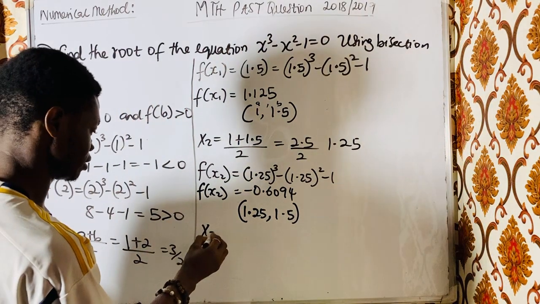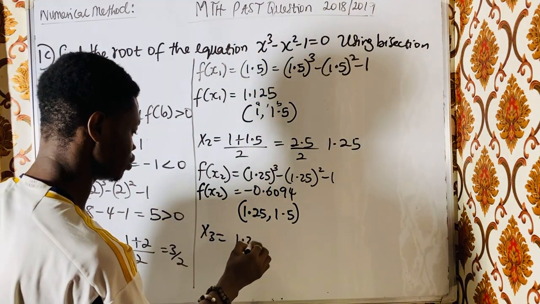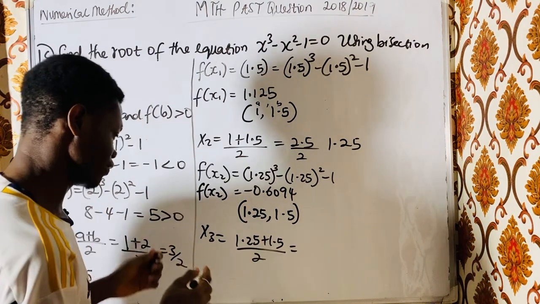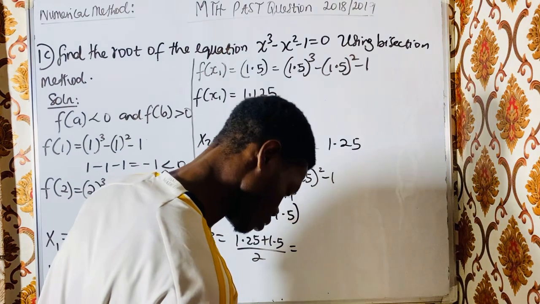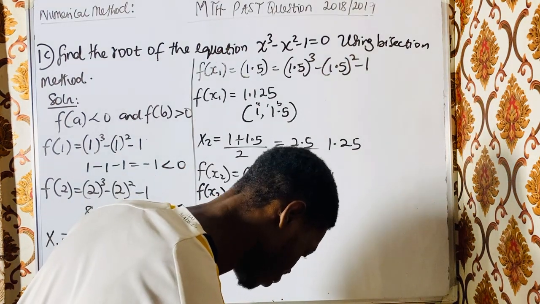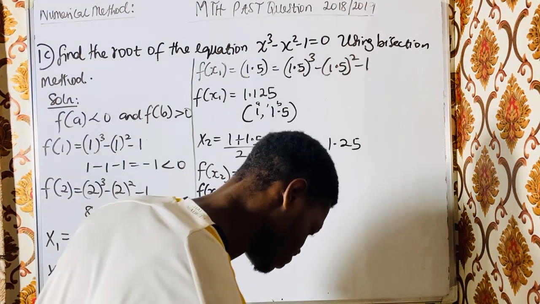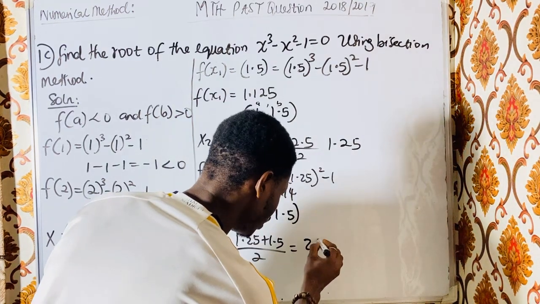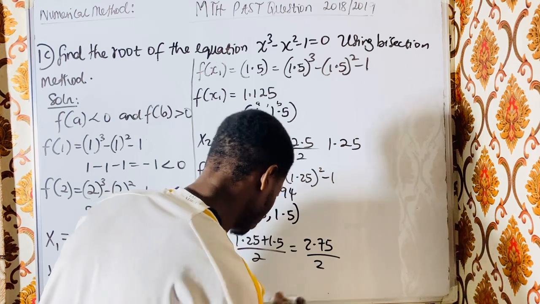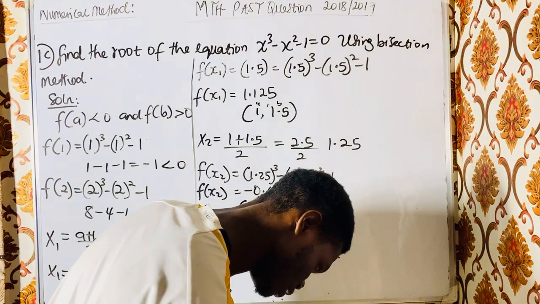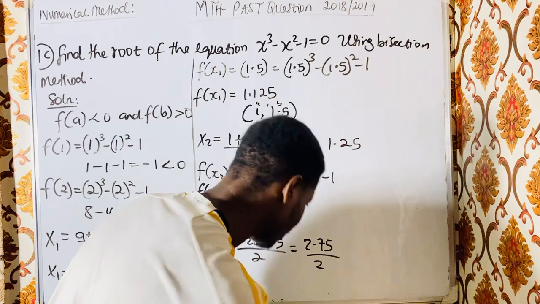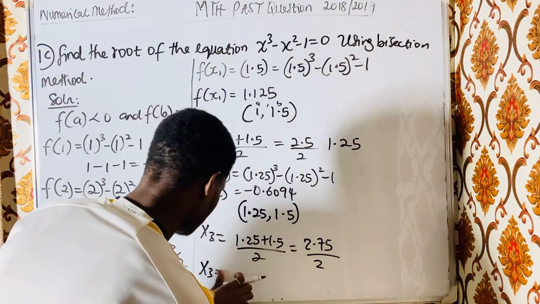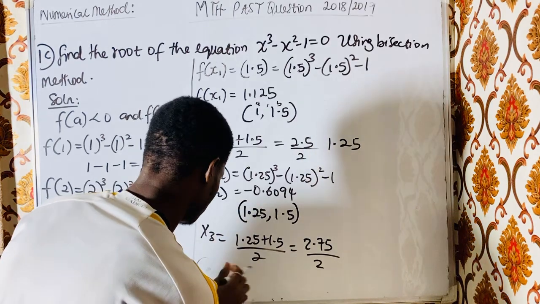So x3 will be 1.25 plus 1.5 all over 2, which gives 2.75 over 2.